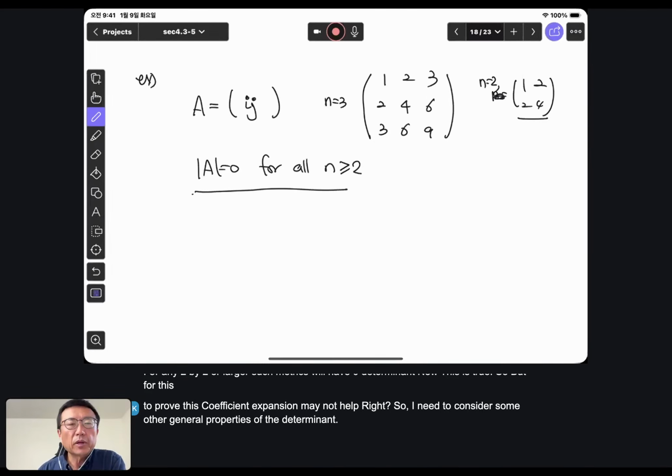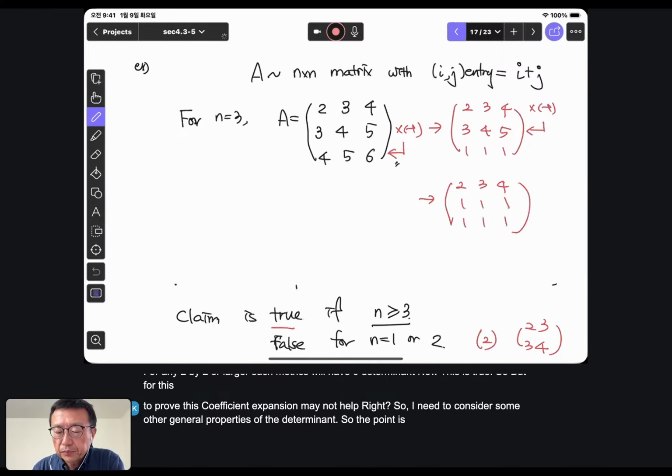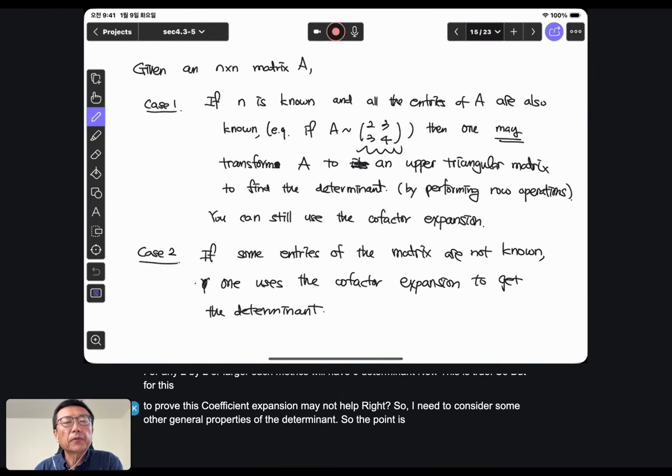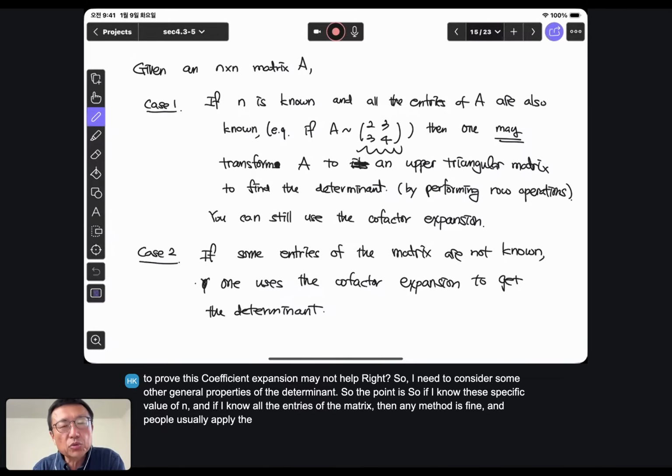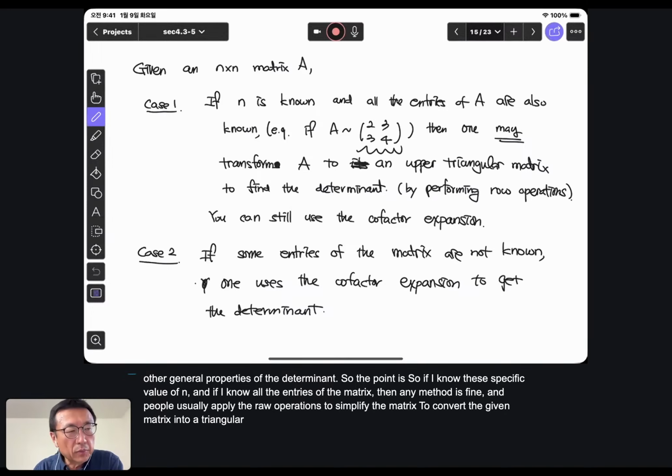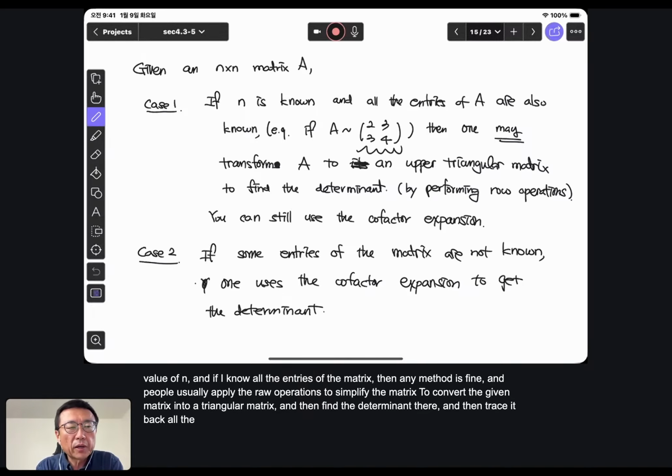So the point is, if I know the specific value of n, and if I know all the entries of the matrix, then any method is fine, and people usually apply the row operations to simplify the matrix, to convert the given matrix into a triangular matrix, and then find the determinant there, and then trace back all the calculations to find the determinant of the original matrix.